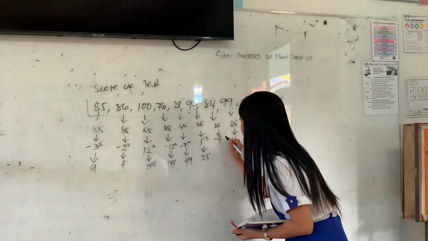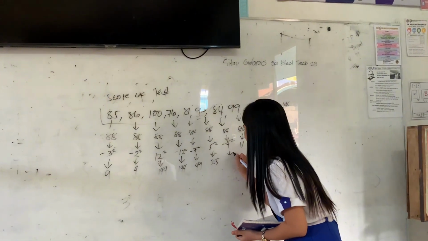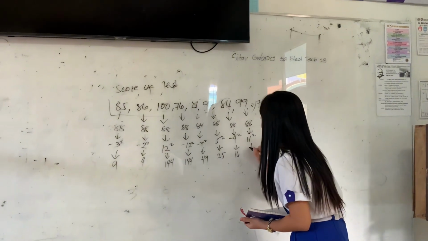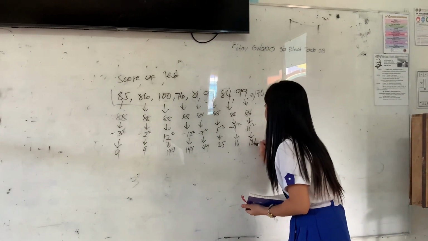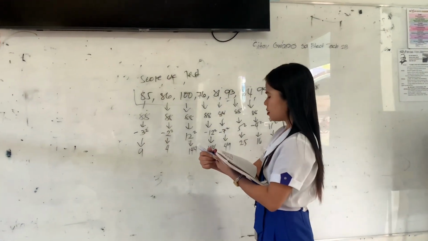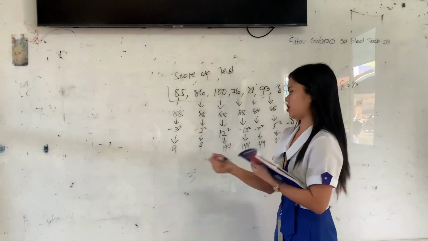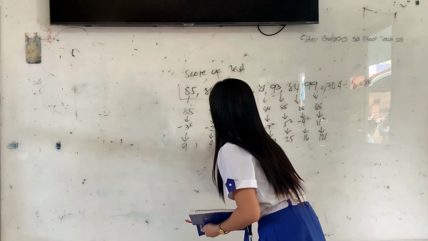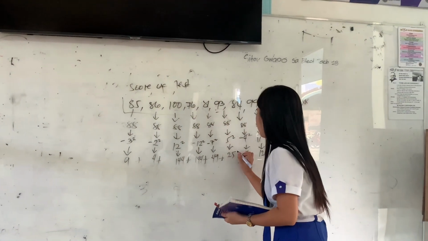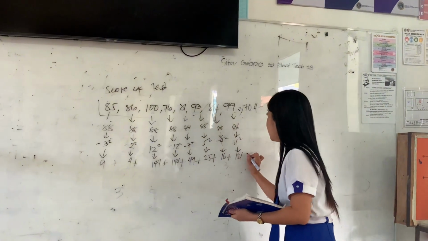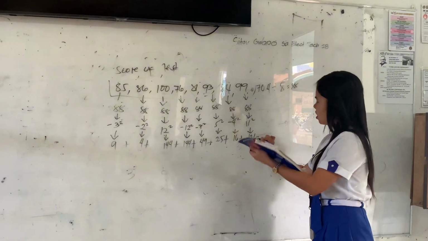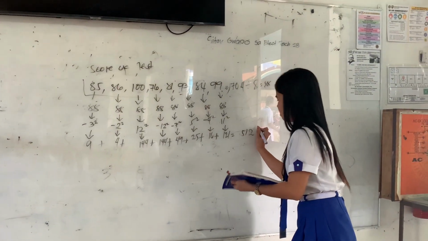Negative 4 squared is equal to 16. And 11 squared is equal to 121. Next step is add the deviations to get the sum of squares. So 9 plus 4 plus 144 plus 144 plus 49 plus 25 plus 16 plus 121 is equal to 512.